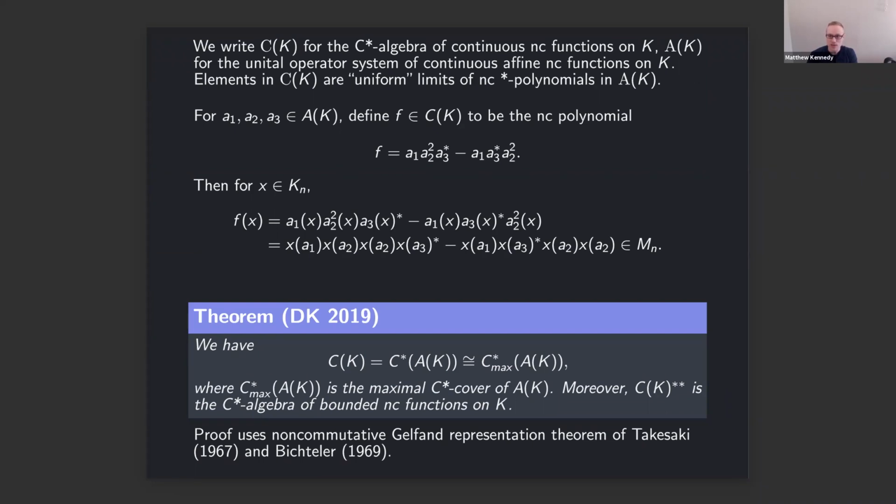Takesaki was after a non-commutative analog of Gelfand's representation theorem. So he was able to prove this in the separable case, and later Bichteler was able to prove this in complete generality. And their results really underlie the proof of this kind of Stone-Weierstrass type theorem here. This turns out to be a very important result because it's what holds our theory together.